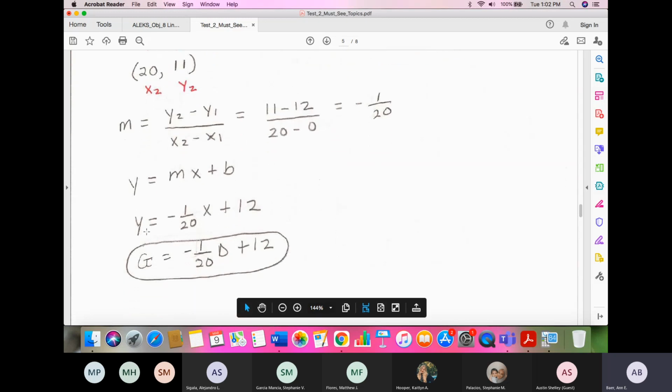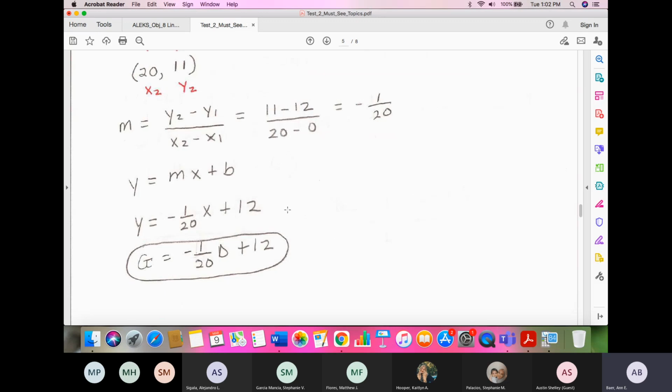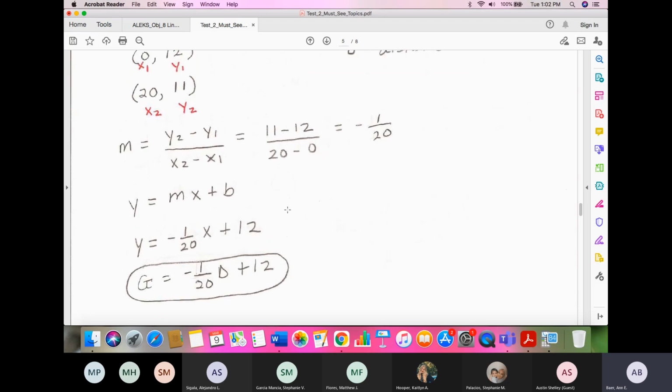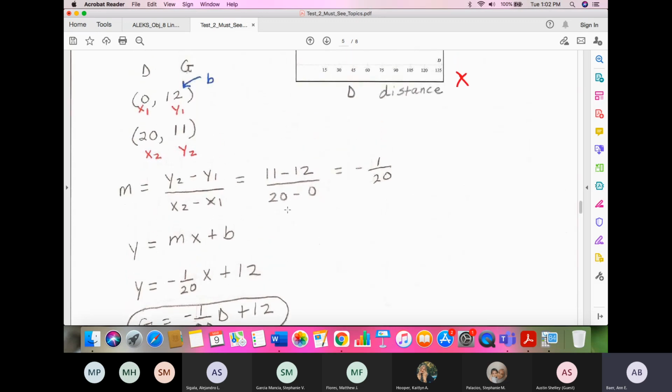Now this right here is where we have to be very careful. You don't want to write your equation in ALEKS with y and x. You want to use the variables that they gave us. On the x-axis, what we think of as x, it's d in this case.